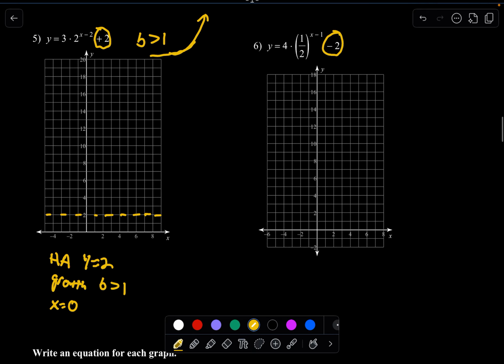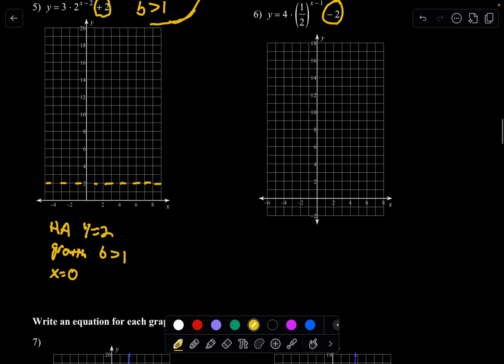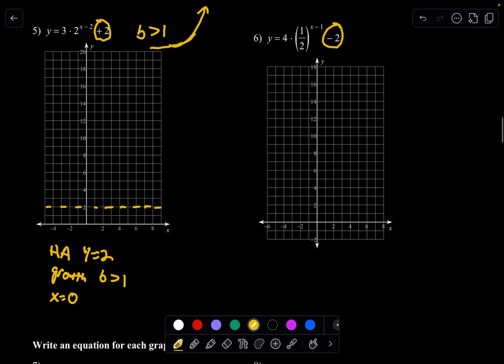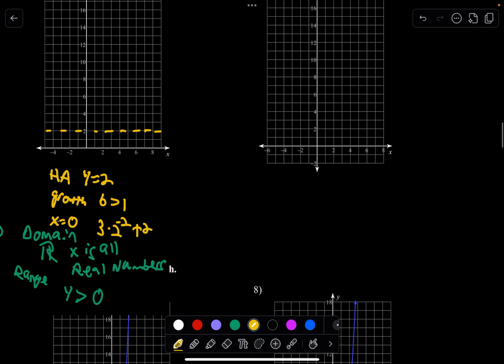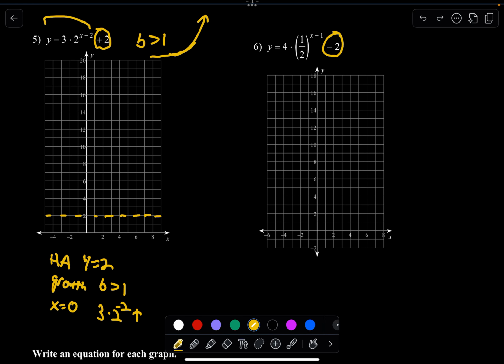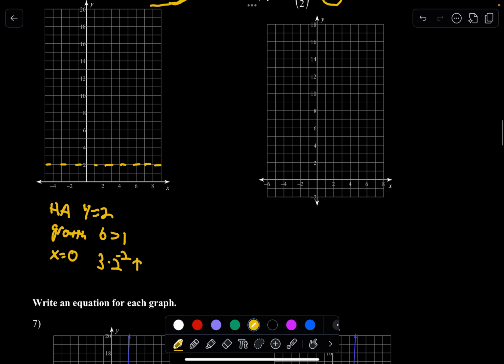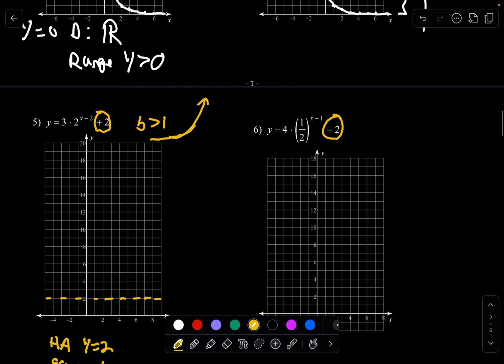And when we do that, we get, this is the y-intercept. This is going to be 3 times 2 to the -2 plus 2. All I'm doing is plugging it into this equation here. This gets a little bit tricky. All right. 2 to the -2 is 1 over 2 squared, is 1/4, so that's 3 times a fourth plus 2.